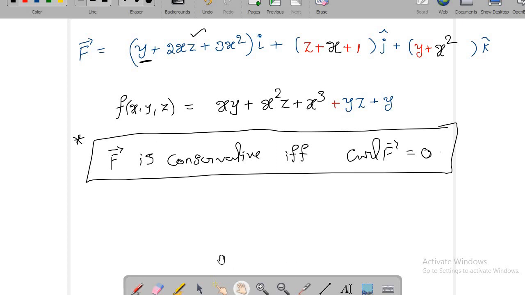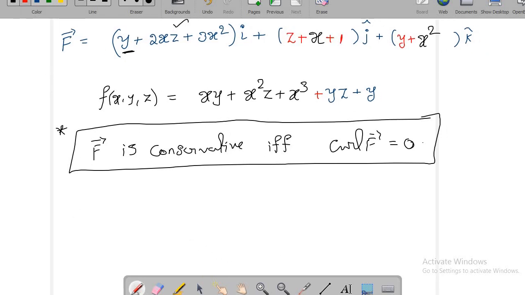For example, do not calculate curl and tell me whether it is conservative or not. Just by observation or just by inspection, you tell me whether it is conservative or not.